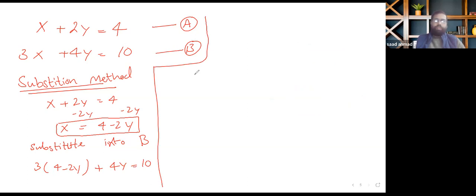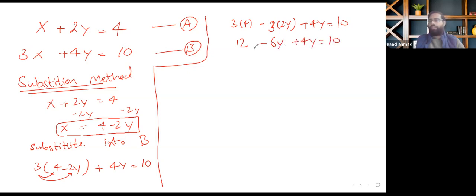All right, so 3 times 4 minus 2y, using the distributive property of real numbers that we saw before. Okay, we can distribute it. So 3 times 4 and minus 3 times 2y plus 4y equals 10. So that's 12 minus 6y plus 4y equals 10.